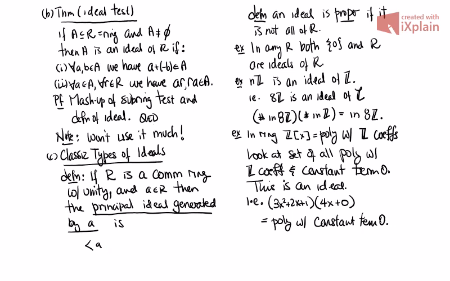It looks like the group generated by notation, but it doesn't mean the same thing. So this is the set of ra for all r in R. In other words, you take the a that you're given, you multiply by everything possible in R. It doesn't matter how you multiply it because it's commutative. You take that set that's the result and you get an ideal. Now it's not screamingly obvious that it's an ideal. This does need to be checked using the ideal test, but nonetheless, this is a classic way of getting an ideal.